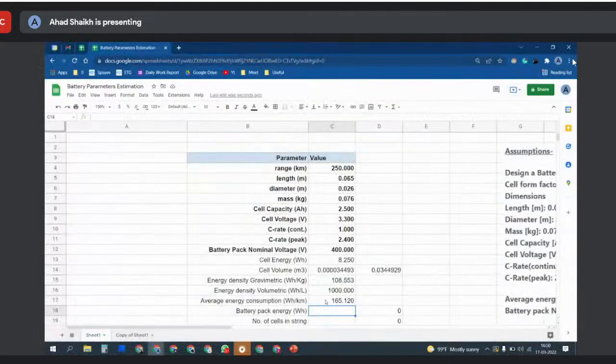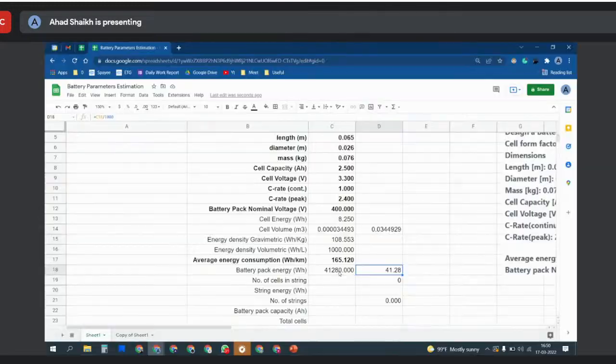Now, how to find out exactly the energy we require in the battery pack? It's very simple. We just have to multiply the total range that we will be running our vehicle at with the total average consumption that the vehicle will have. If we multiply these two things, we will get how much capacity of battery we will require.